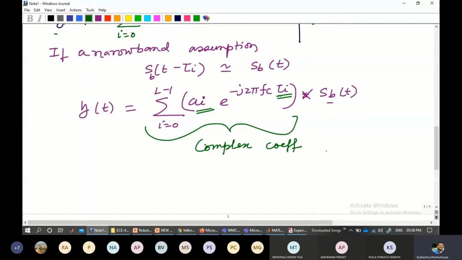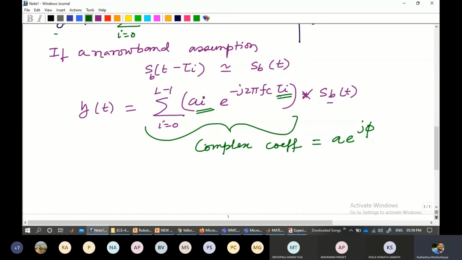So this complex coefficient can even be written as a e to the power j phi, the channel complex coefficient. This is only the summation part, and this multiplied by the transmitted signal will give us the output.